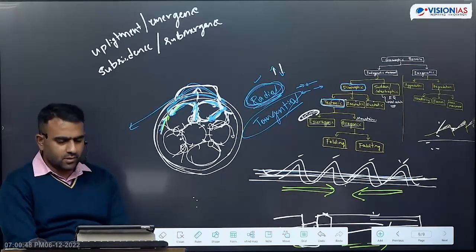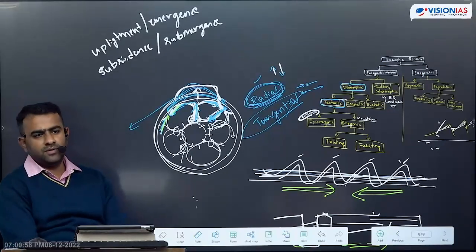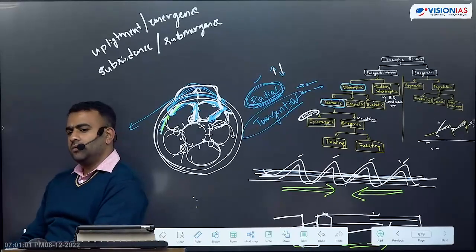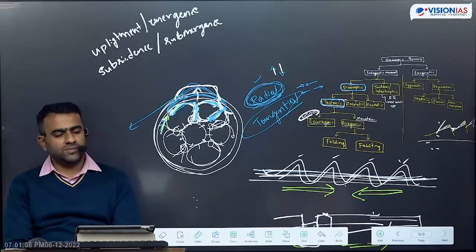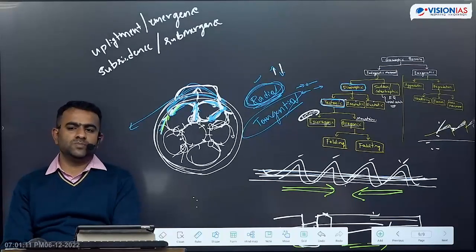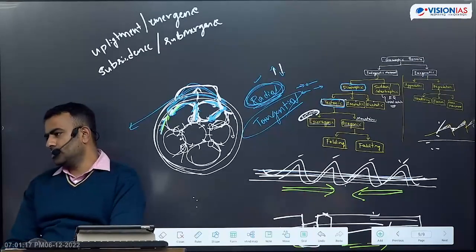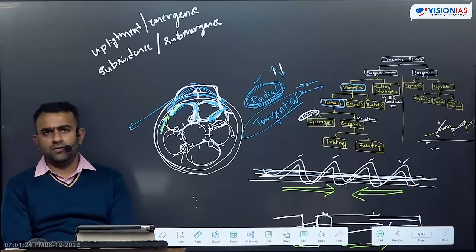Example: gradual upliftment of Deccan Plateau, slow subsidence of northern coast of Gulf of Mexico.